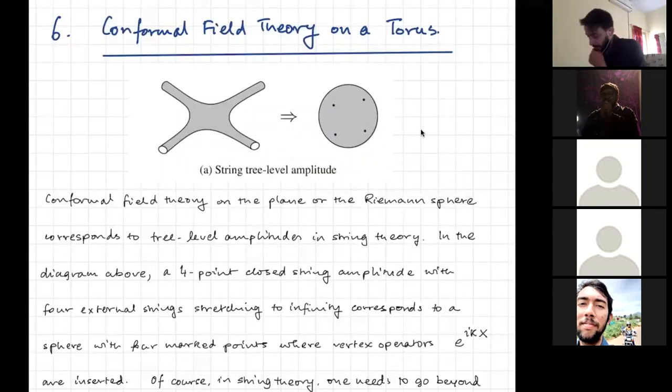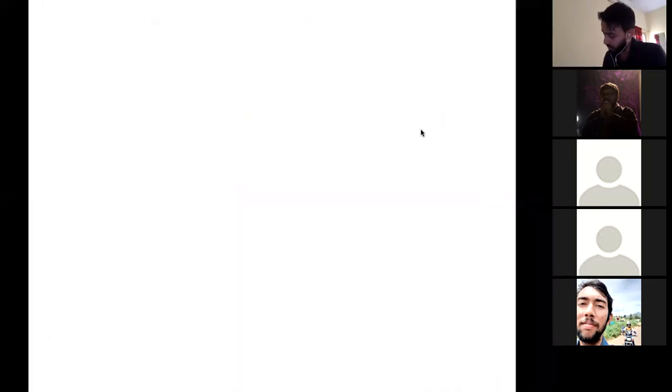All right, thanks again. So we are starting off with CFT on Taurus. To give this some perspective, suppose you have something like lambda phi 4 theory. There you have interactions that look like this.